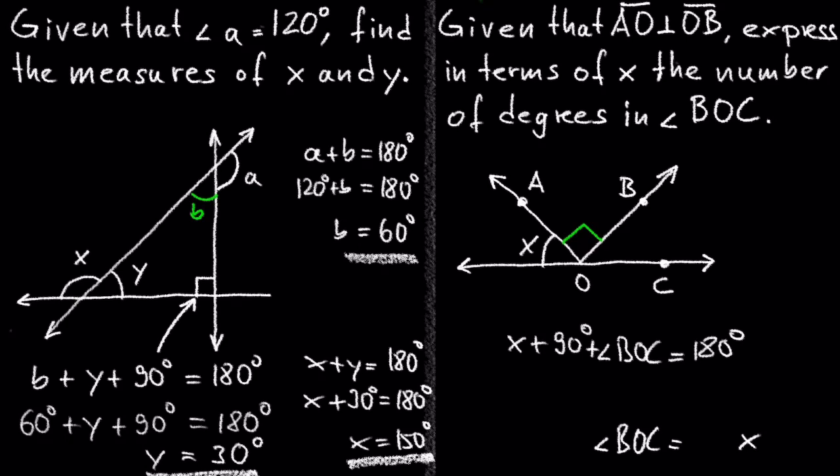Here we have three angles which add up to 180 degrees. 1, 2, 3. Remember, a straight line always has 180 degrees. So no matter how many angles you have on the straight line, they all add up to 180 degrees.